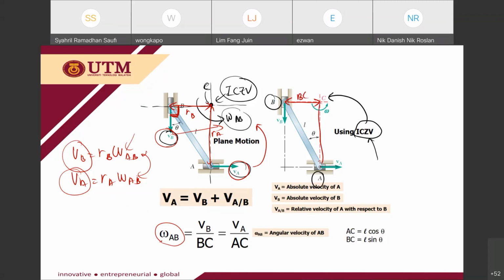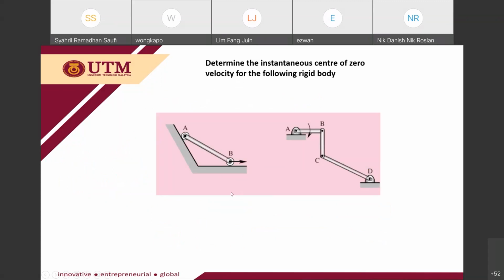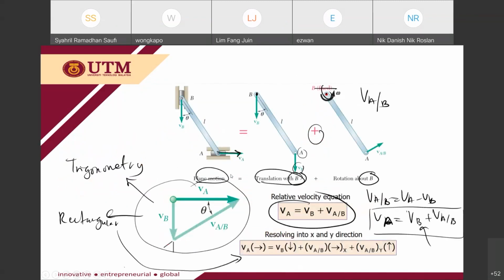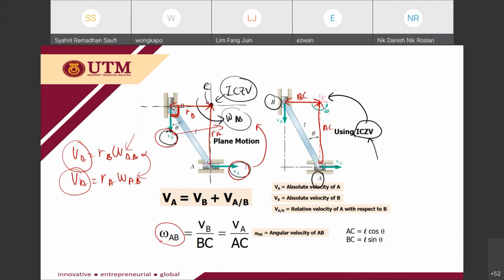This one is AC, the same thing. You will learn more on how to do the analysis. From the exercise, you may notice how to use this equation for the instantaneous center of zero velocity and the relative motion. Basically it's still the same, you get the same answer. It depends on you which method you want to use.